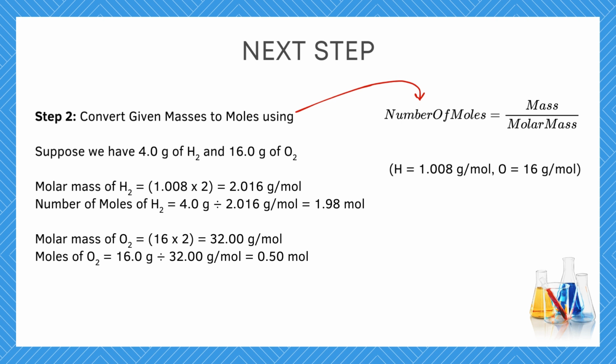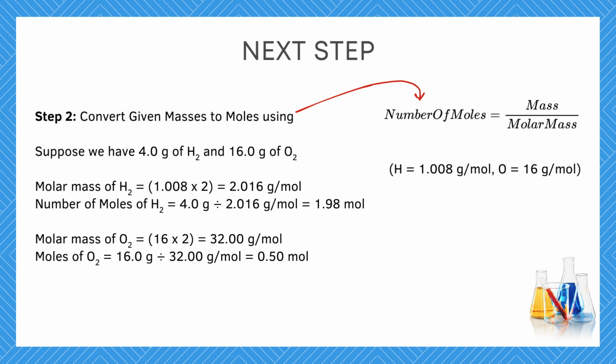So if we want to convert into number of moles, we have the molar mass, which is 2.016 grams per mole, and we have the mass, which is 4 grams of hydrogen. And the formula says number of moles is equal to the mass divided by the molar mass. So we simply say the mass, which is 4 grams, divided by the molar mass, which is 2.016, and that gives us 1.98 moles.